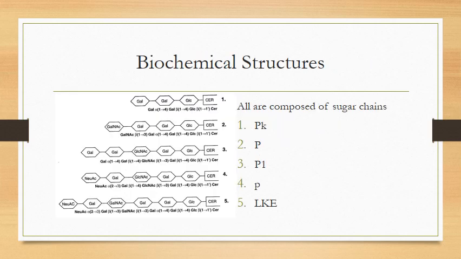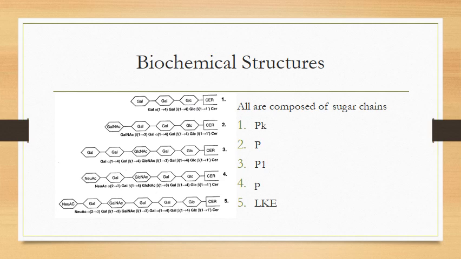So in terms of the biochemical structures of the antigens, they are all on membrane proteins, and they are all on the surface of the red blood cell membrane.